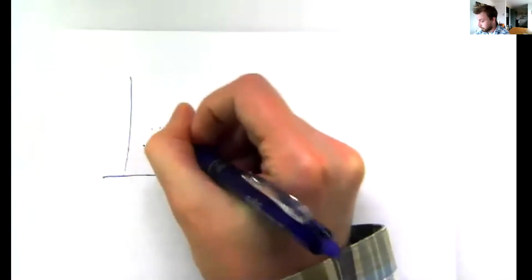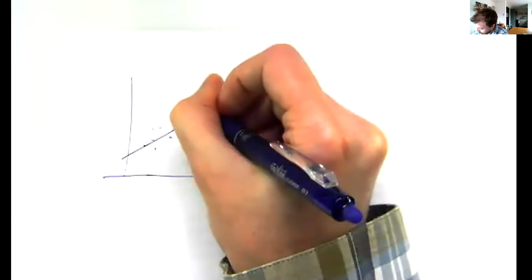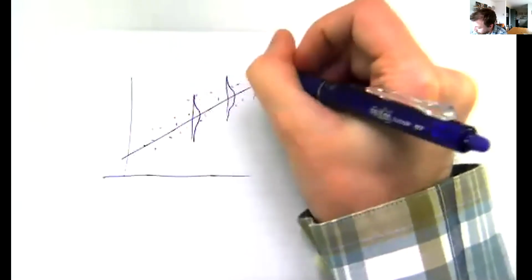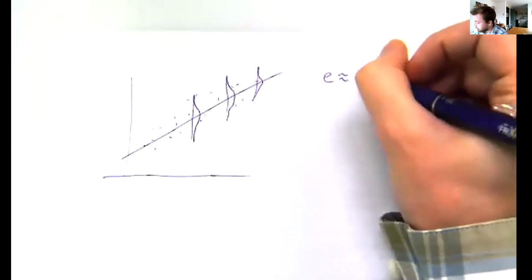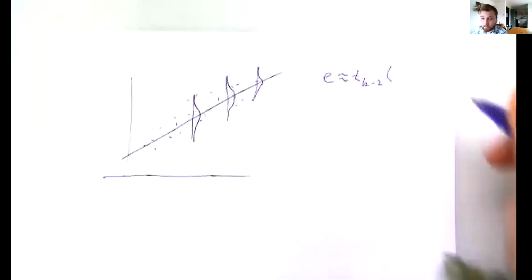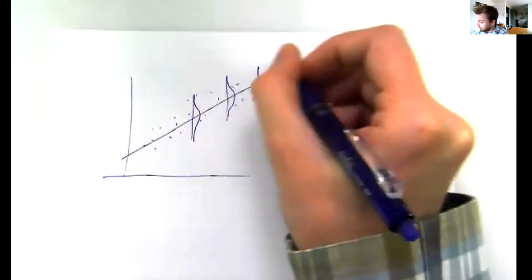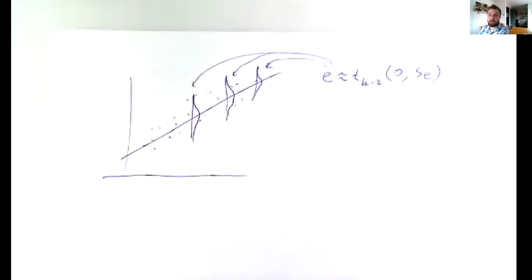So again, I'm drawing this corridor of points where I have a line, and this line is wiggling inside of essentially a tunnel where all of these errors follow a t distribution with k minus 2 degrees of freedom, a center of 0, so this is describing these mounds, and some standard error for how those things vary.